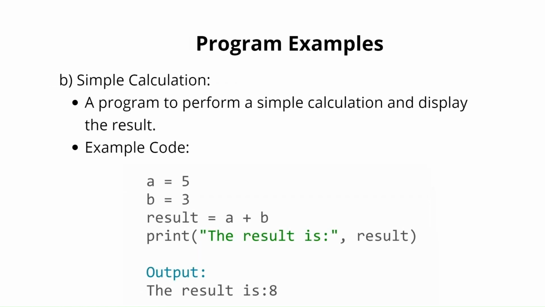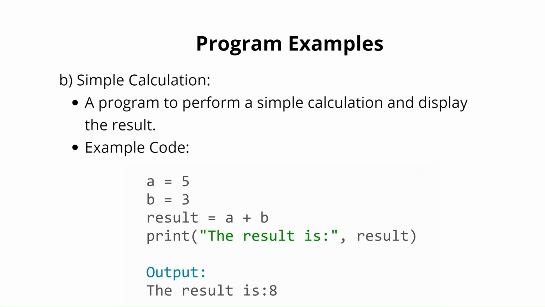Moving on, we have a simple calculation, that is a program to perform a simple calculation and display the result. In the code below you can see there is A and B. We have assigned A as 5 and B as 3.